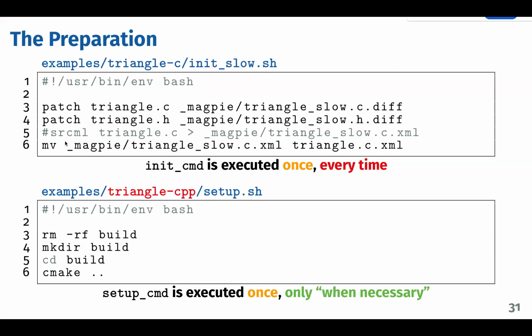So the thing that you do not want to do every time, and you want to do only once at the very beginning of the search, is to create that build directory, go inside it, and run cmake .. so that it can do the initial stuff it wants to do inside the build directory. That's something that you do not want to spend time doing for every variant. So you can just tell Magpie, do it once at the beginning of the search, so that it will automatically reuse it and not spend time running cmake for every variant.